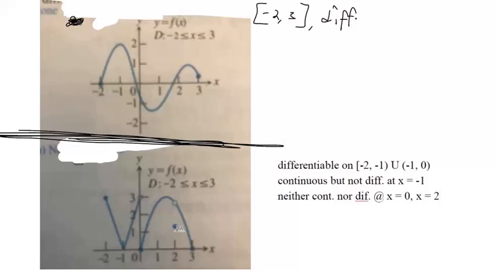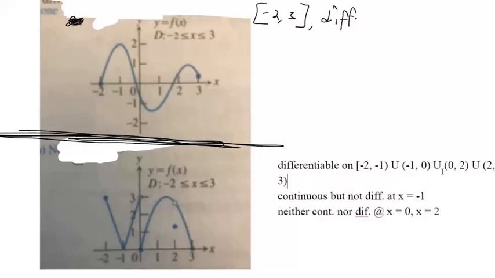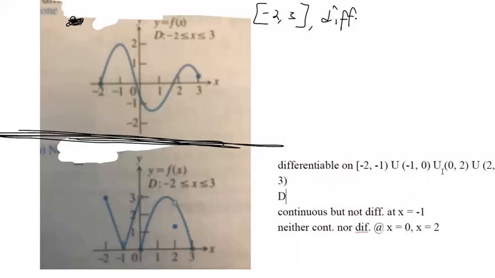I think, oh, here, I didn't do differentiability. There's more places where it's differentiable. It's differentiable between parentheses 0 to 2 union. This is a lot of intervals. I think what the book is going to do is just say it's differentiable everywhere except x equals -1, 0, and 2.